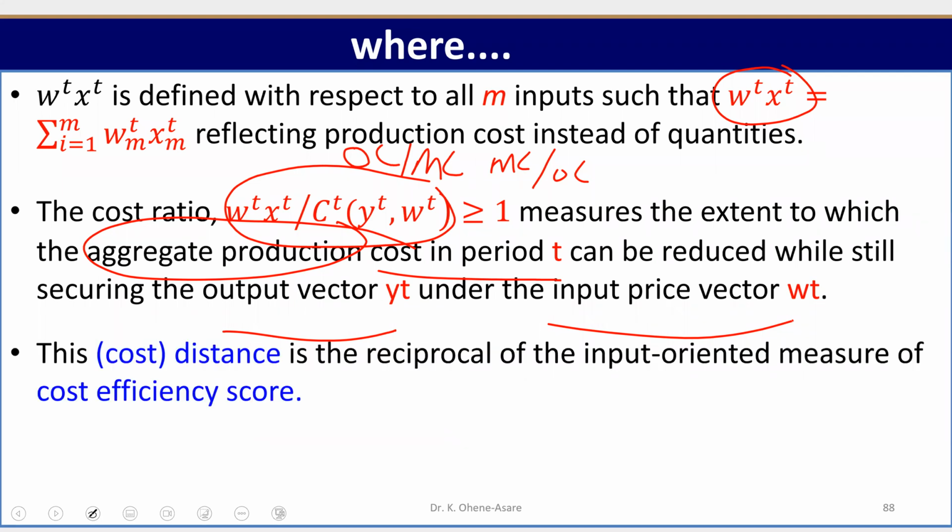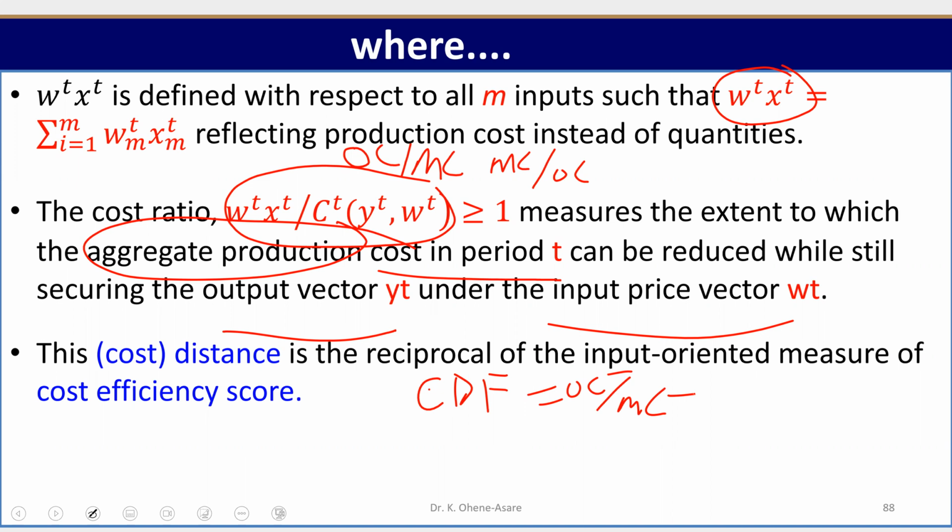But please note that the cost distance function here, as you know by now, is observed cost over the minimum cost. Watch the word. It is a value over a value, but it's a distance. I want you to keep in mind that it's a distance.